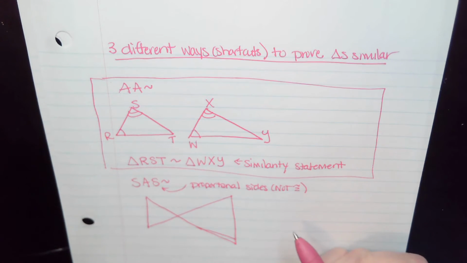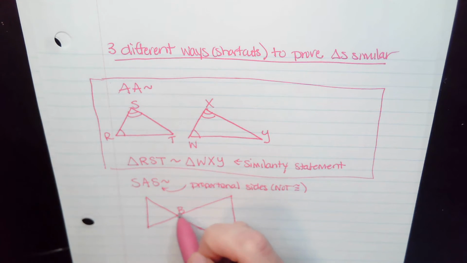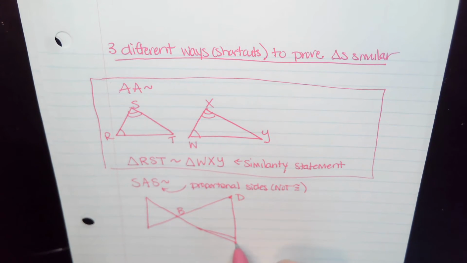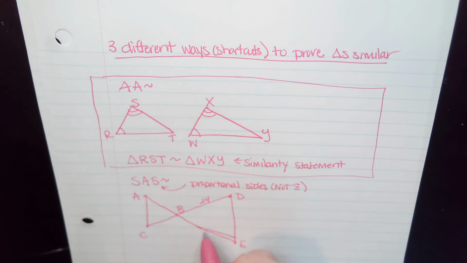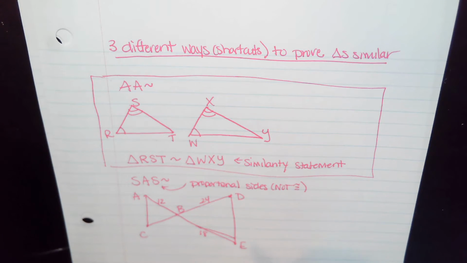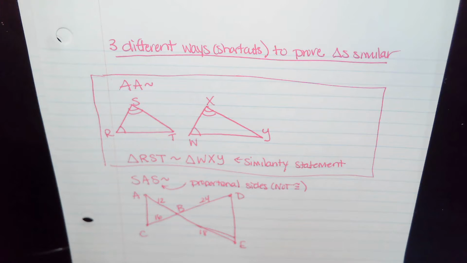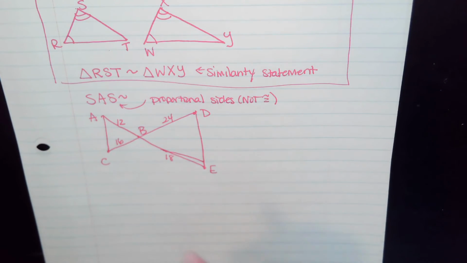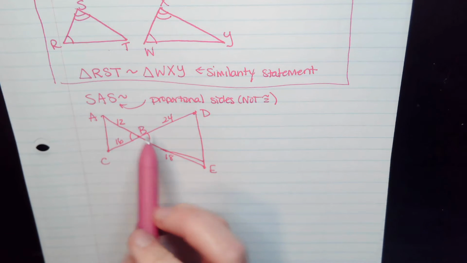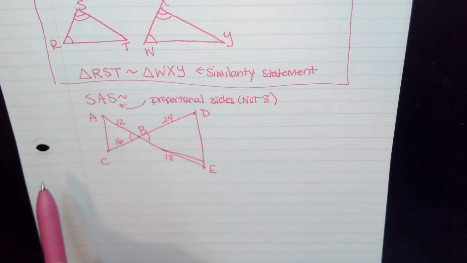All right, so let's say this is B, D, E, C, and A, and this side is 24, 18, 12, and 16. So to prove it by side angle side, you'd want to show that, like here, you have your vertical angles congruent. So it has to be the included angles, just like it is with side angle side and congruency.